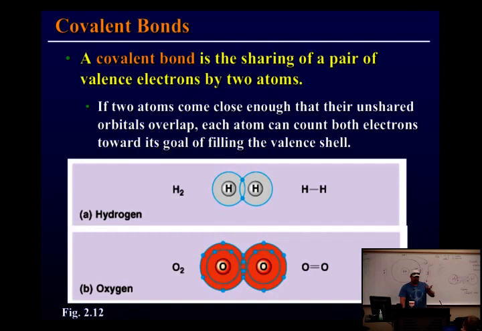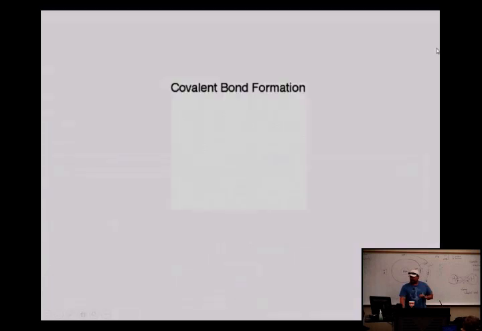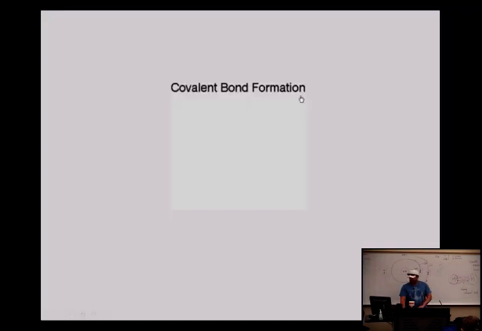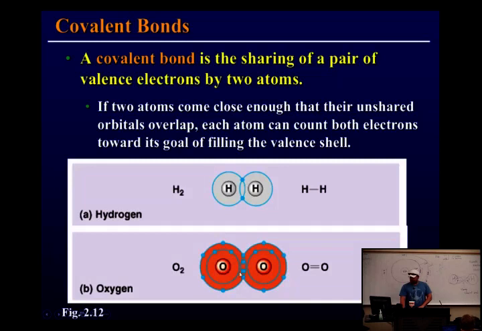So it's sharing 2 pairs, and that's the double bonds that you guys built in lab. And those are unique. Remember, they can't rotate where single bonds can. All right, so just keep that in mind. This is important. So it's sharing 2 pairs of electrons.